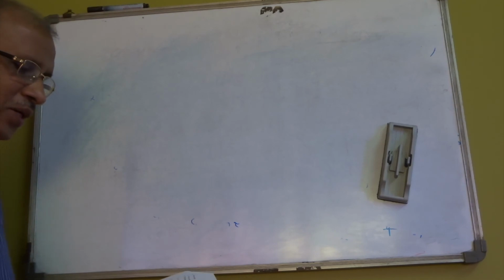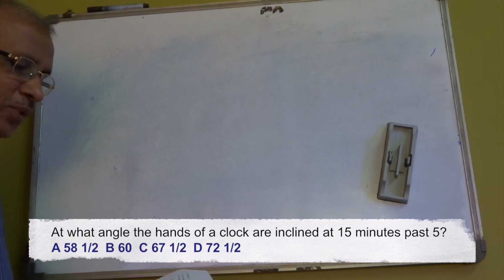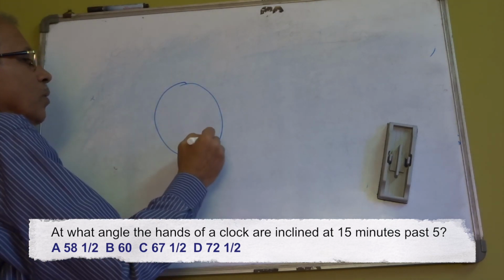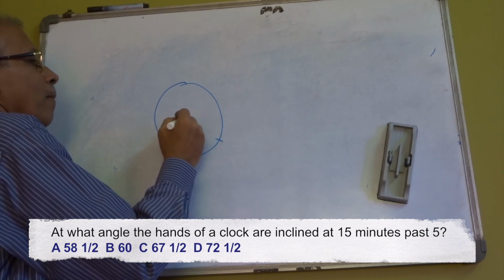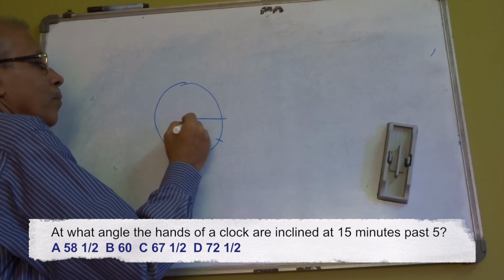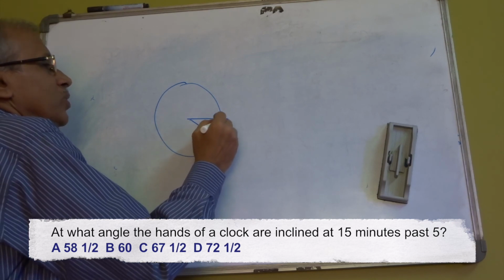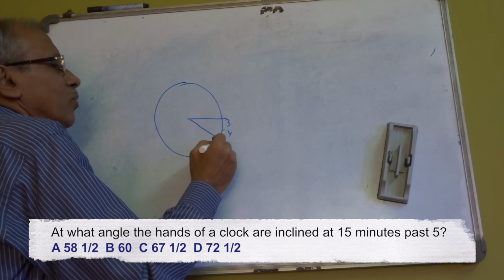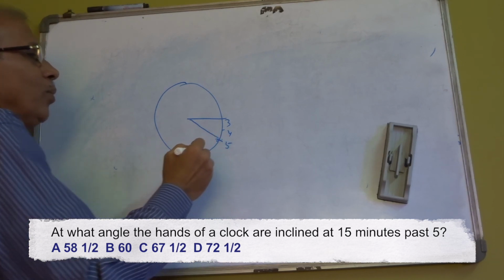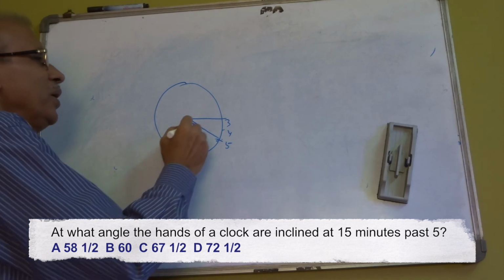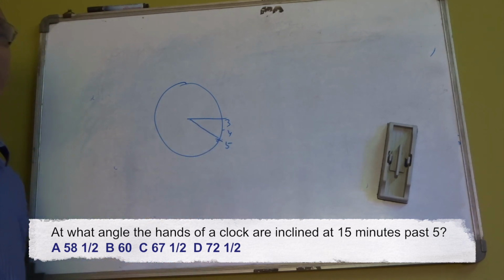At what angle are the hands of a clock inclined at 15 minutes past 5? This is 3, this is 4. Now the hour hand has moved a little ahead of 5, whereas the minute hand is at 3. What is the angle?